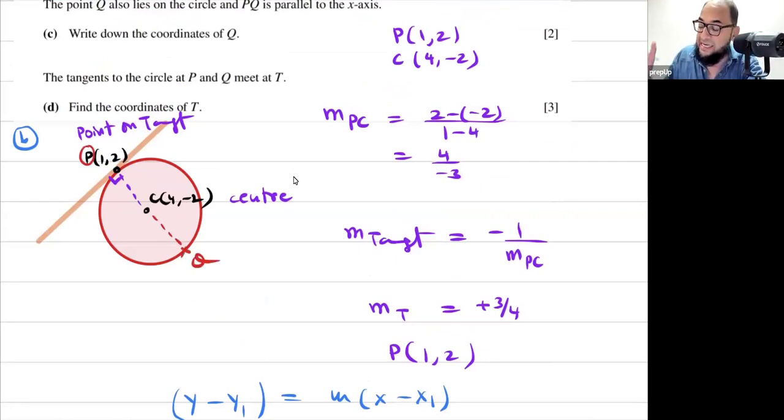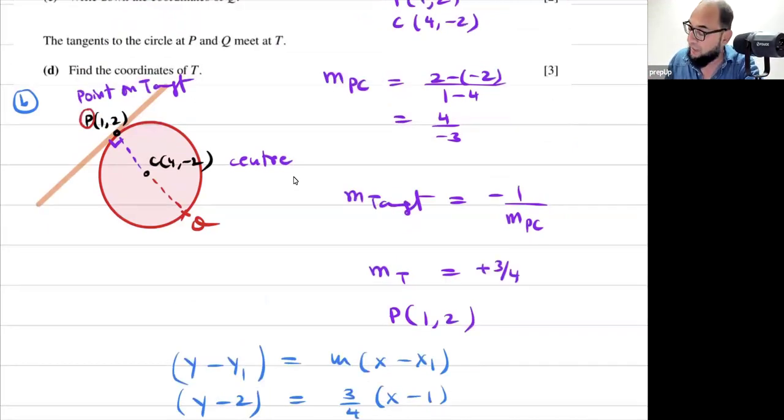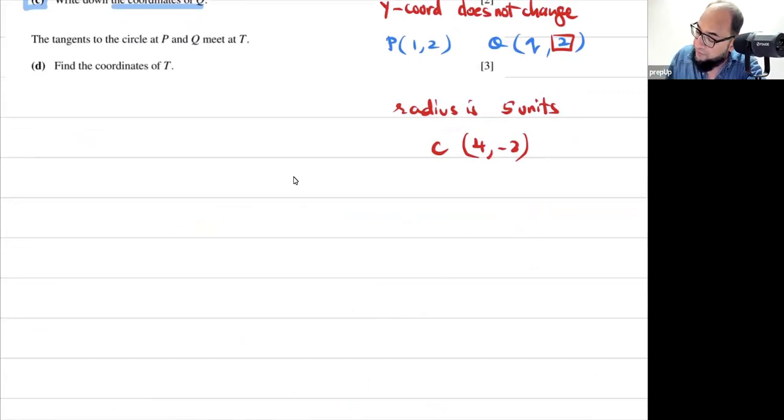In other words, C is the center of the circle. C is the midpoint of P and Q. So therefore, what do I have? We have P, which is (1, 2). We have Q, which is (q, 2). We have C, which is (4, -2).